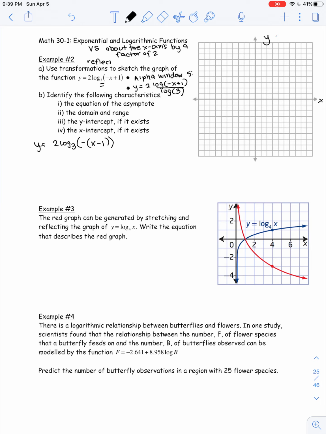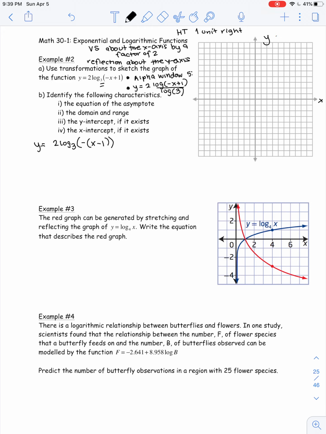So we also have a reflection about the y-axis. And we are going 1 unit to the right. 1 unit right. So that's our horizontal translation. Okay, so that's why we had to factor the negative for us to see that it was going to the right and not to the left. So if we didn't factor it out, we would probably make a mistake there.